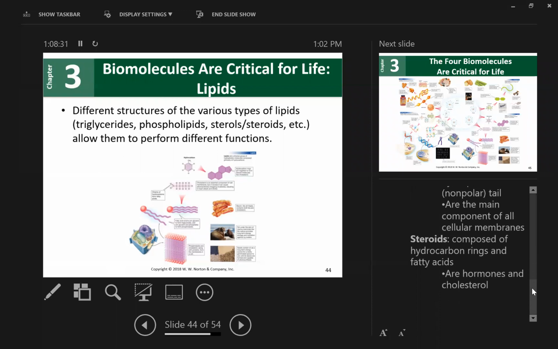So when we're looking at their structure, we can see that they have very different structures, and because they're going to float on top of water, they have that energy source that our water-filled cells can use, put away for later, and use when we need it.